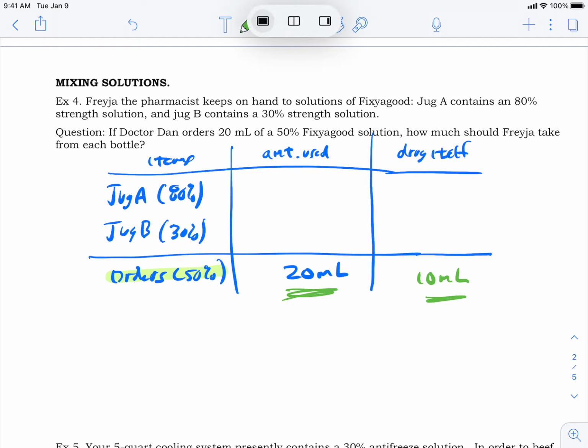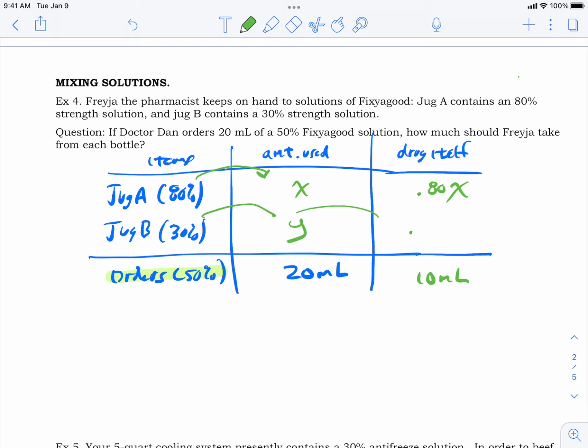So we got that part figured out. Now we can go across the table this way. How much are we taking from jug A? I don't know. So you use an X for that. How much of that will be drug? Well, you take 80% of that, 80% of the X. How much from jug B? I don't know. But 30% of that is actual medicine.